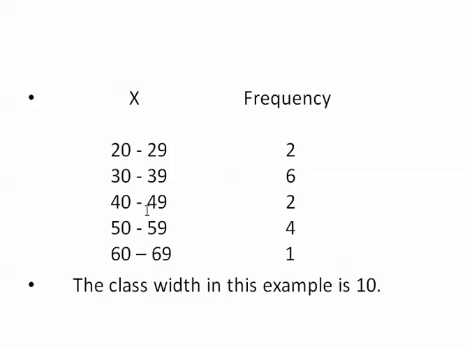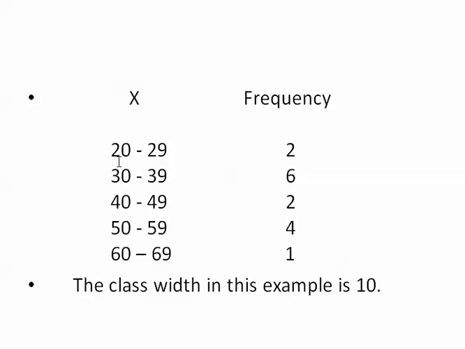They all have the same width, which is why you would just say that the class width in this histogram is 10. And actually, in every histogram, each class interval always has the same class width, because you couldn't create a histogram otherwise.